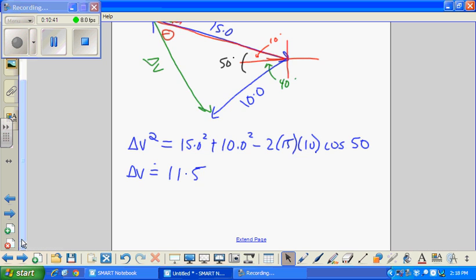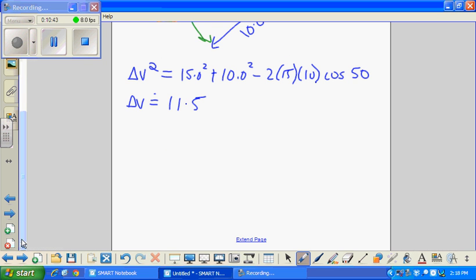Basically, sine theta over 10 is going to be equal to sine of 50 over 11.5. I'll leave it to you to solve for theta. Theta turns out to be 42 degrees.